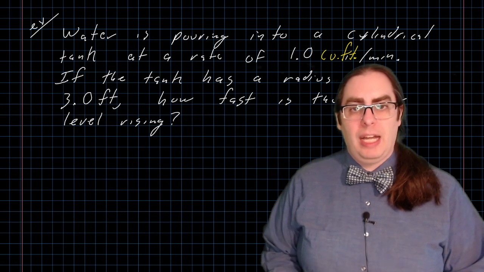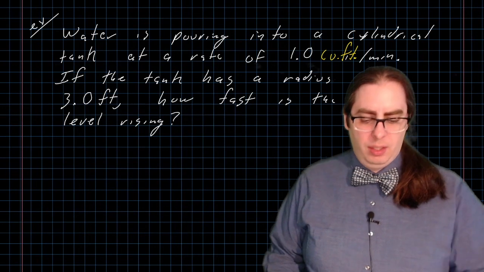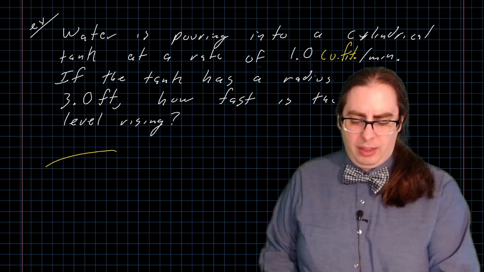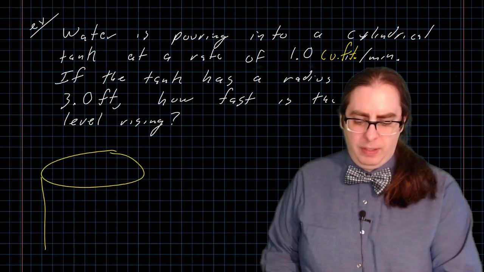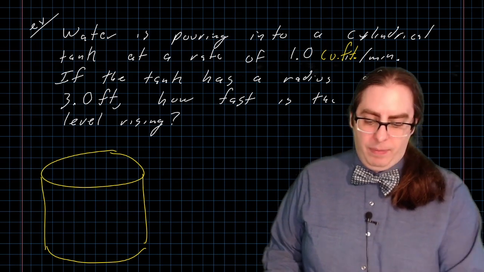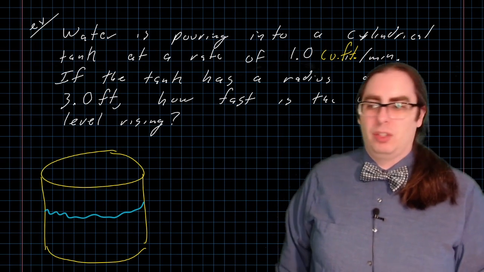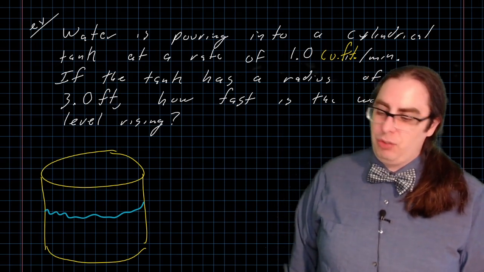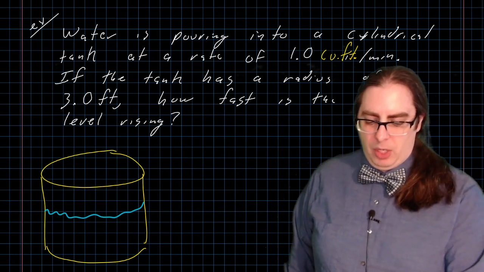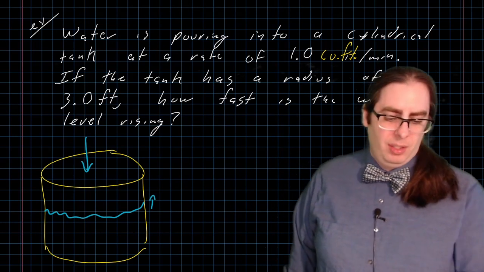And I would like you to calculate how fast the water level of this tank is rising. There's one implicit assumption in this that I think is fairly straightforward and obvious, but it is worth pointing out. The setup of this problem has made the assumption that the cylinder is sitting in this direction with the water level somewhere there, and we've got water flowing in, which is causing the water level to rise.